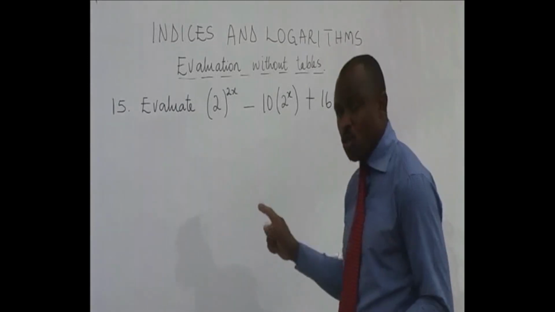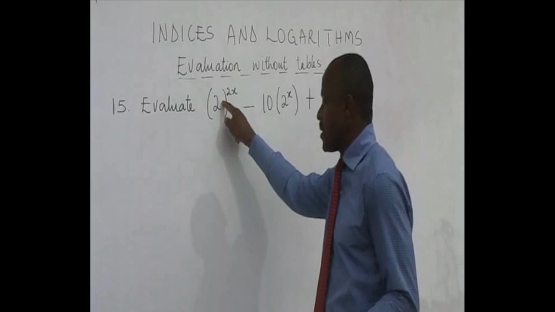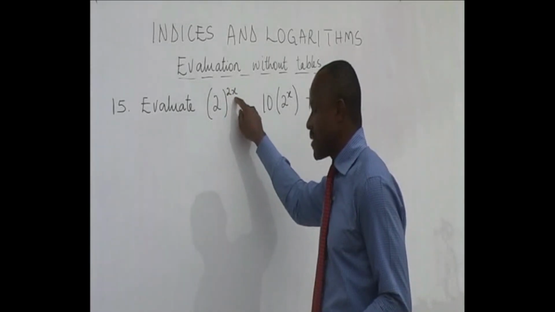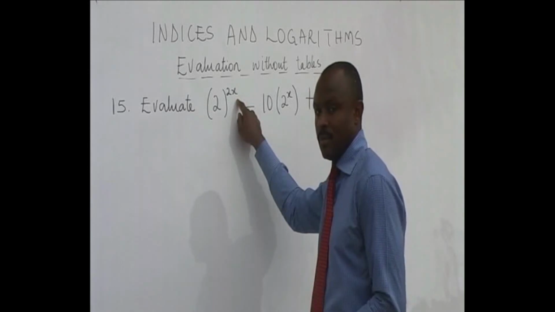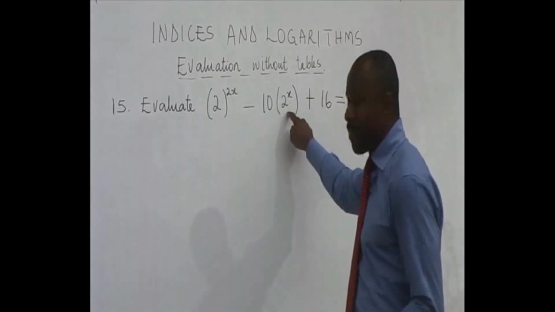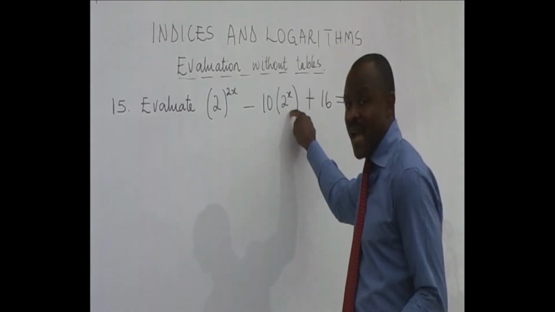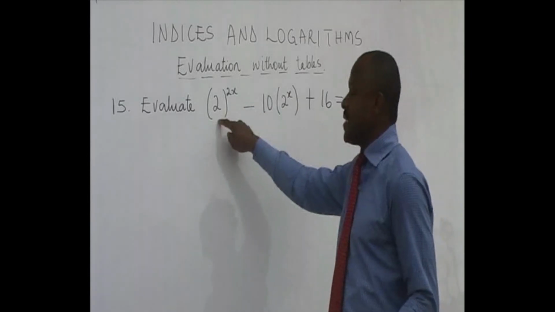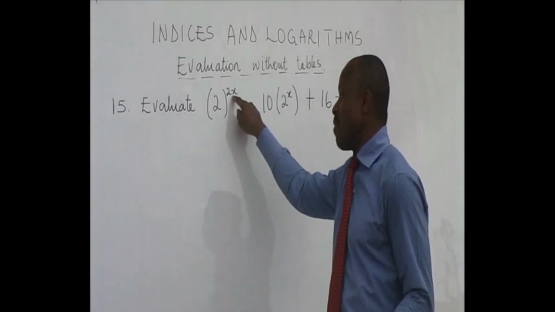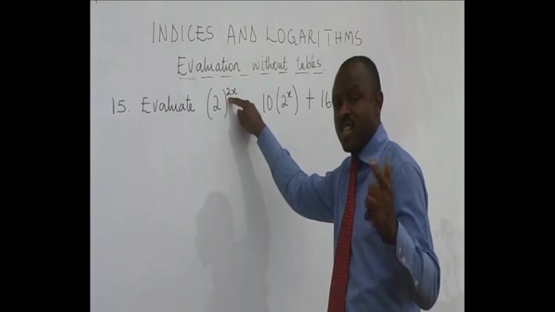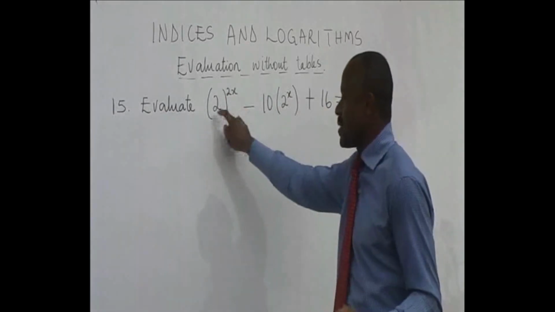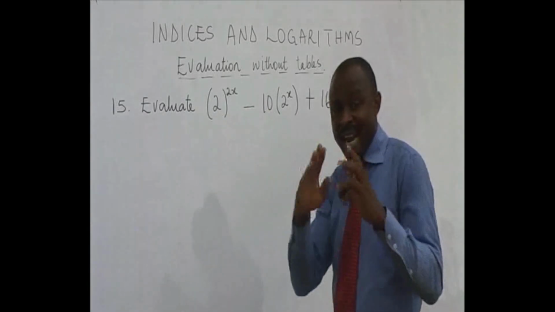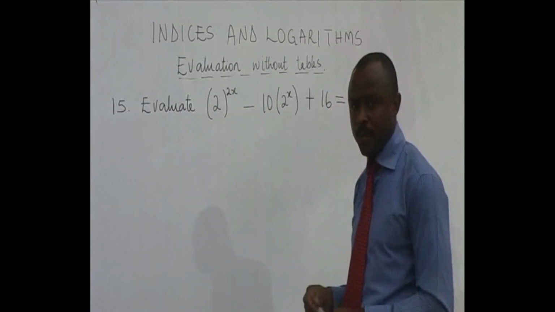Before you change it to quadratic, first of all rearrange this. 2 exponent 2x is something like 2 exponent x2, because already in this other bracket you have 2 exponent x. So arrange this in such a way that the x will come before the 2, so that when you are substituting what you have in common in the brackets, it will be clearer and not confusing to you.